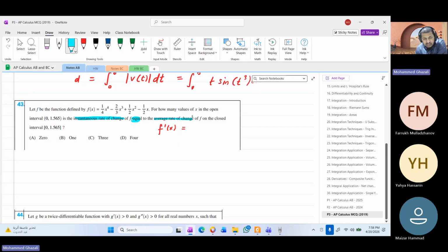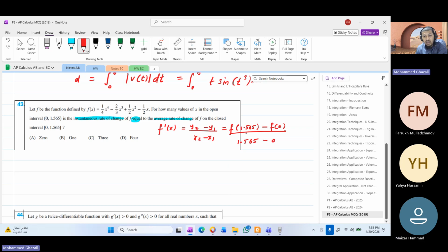What is average rate of change? y2 minus y1 over x2 minus x1. Now, what is y2? F of 1.565 minus f of 0, divided by 1.565 minus 0.